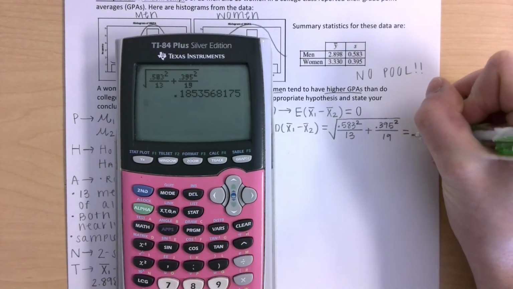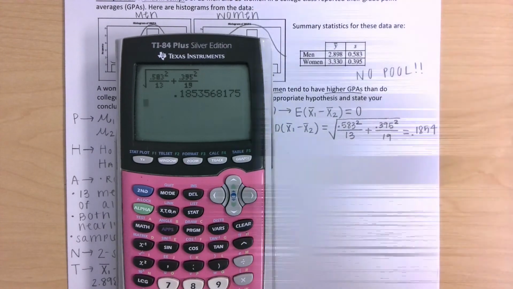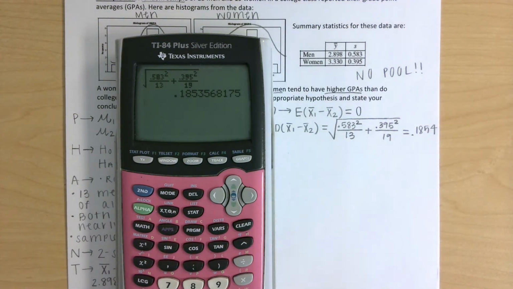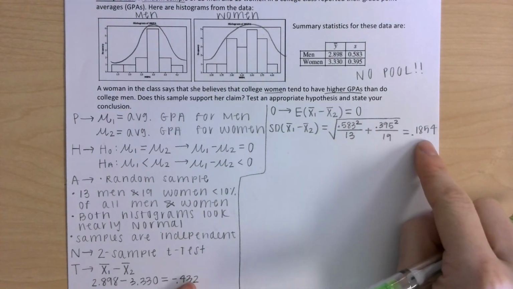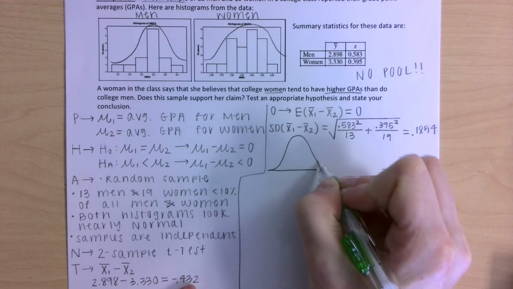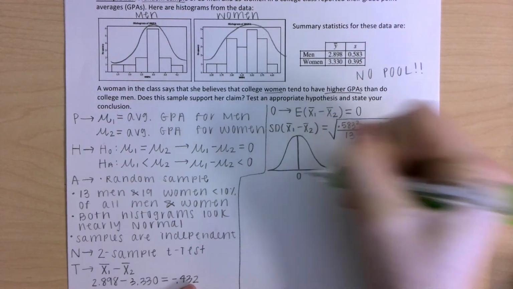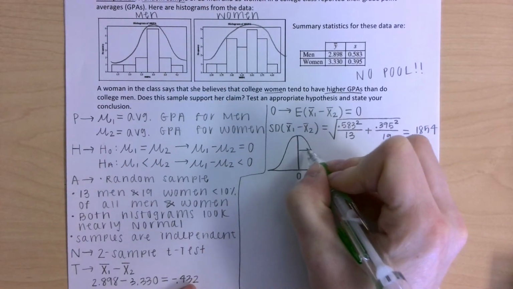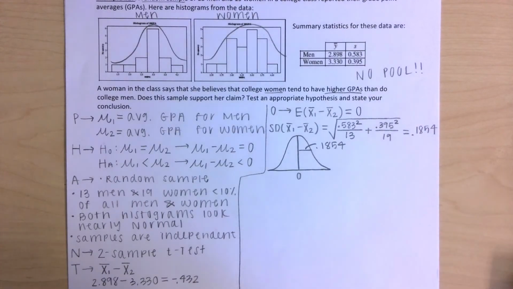So we should get a standard deviation of 0.1854. Now that I have a mean and a standard deviation, we can draw a model. So my mean is 0, and my standard deviation is 0.1854.